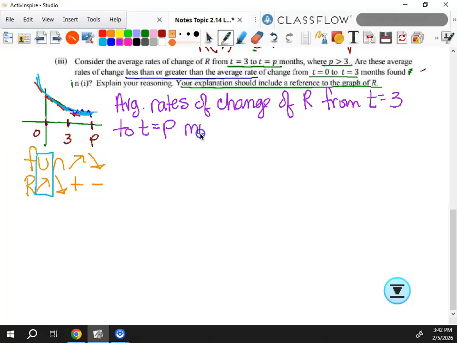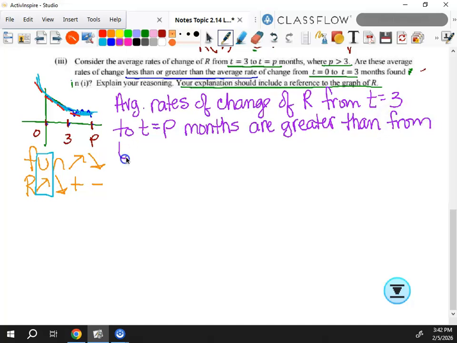That is months, are greater than from t equals 0 to t equals 3 months, because, okay, so that's the answer.